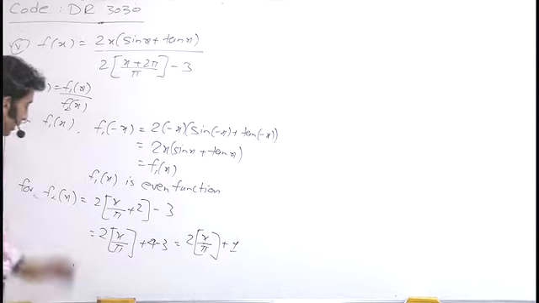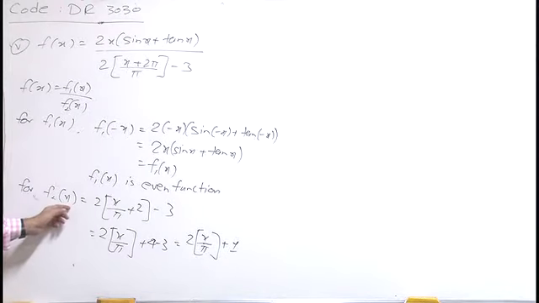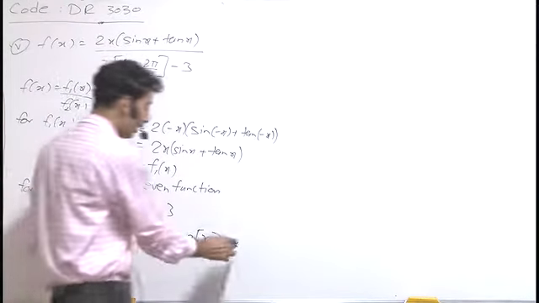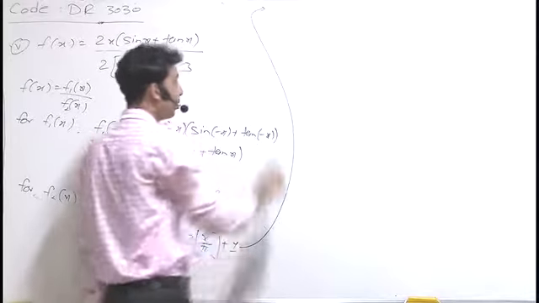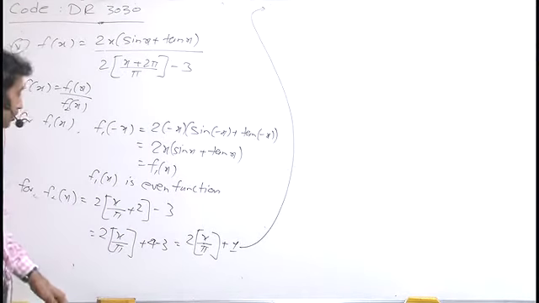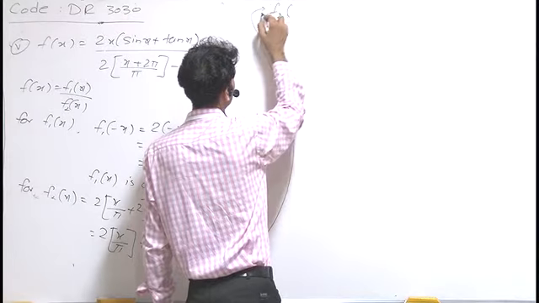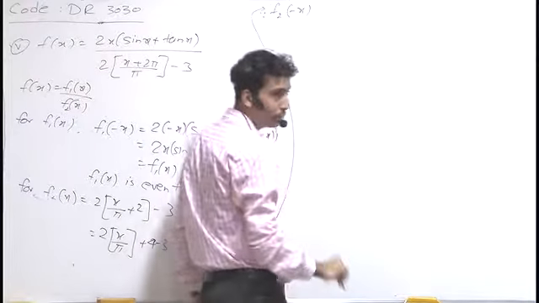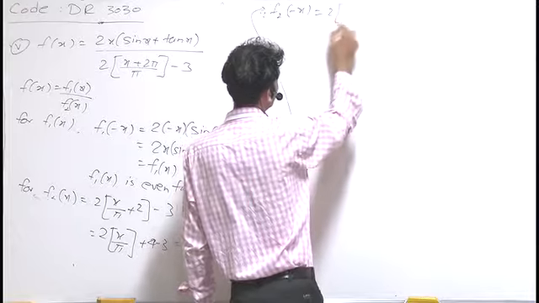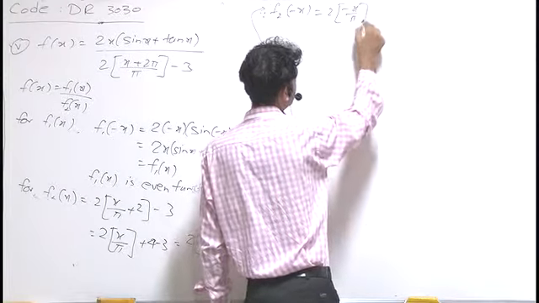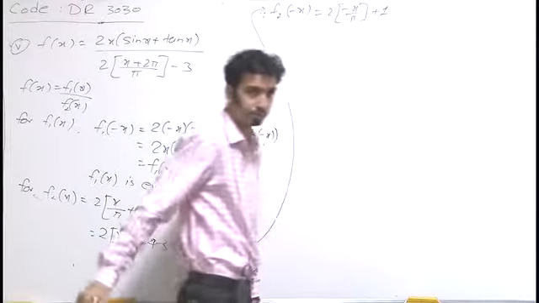This is f2(x), and we have to check now whether f2(x) is an even function, an odd function, or neither even nor odd. So if we replace x with -x in f2(x), we will get 2[-x/π] + 1.